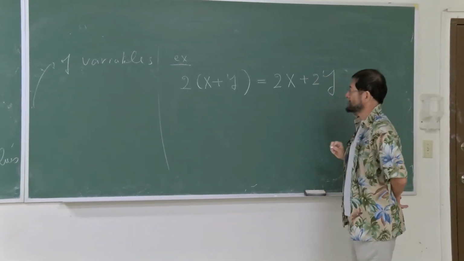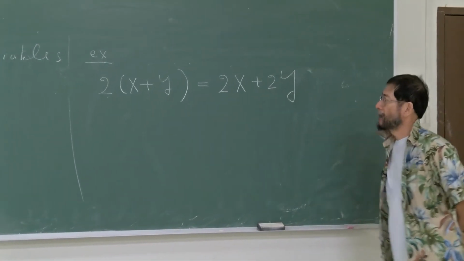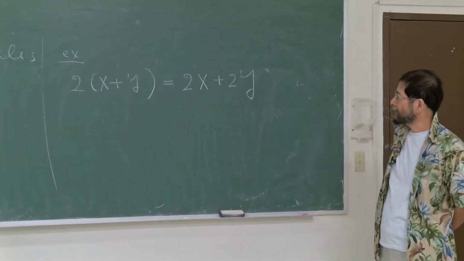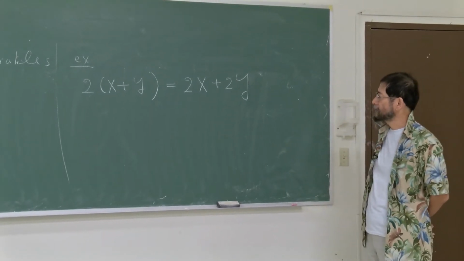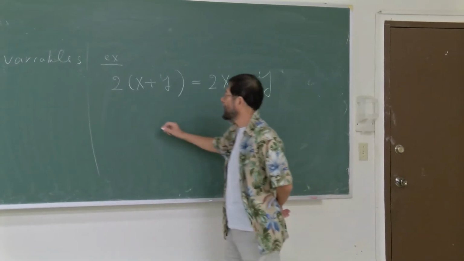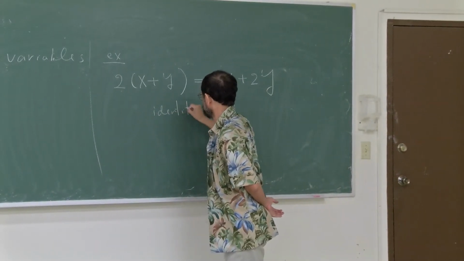And it turns out, again, two expressions, 2 times the quantity x plus y and 2x plus 2y, are equivalent. Then in this case, we say this is an identity. Okay?